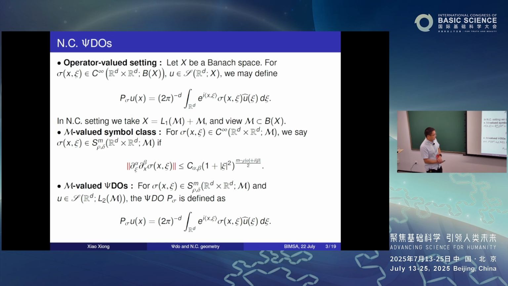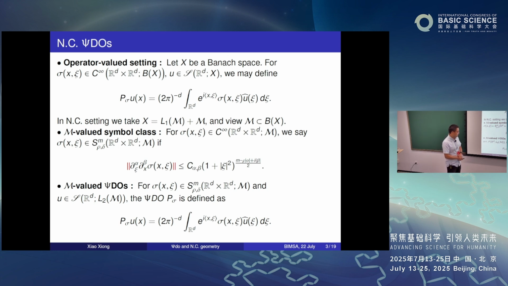In this case, we adapt the definition of symbol in this way. Because our sigma takes values in the algebra, we simply replace the absolute value by the operator norm. In this way, we can define pseudo-differential operators with the same formula.